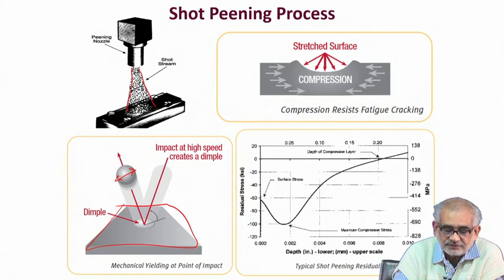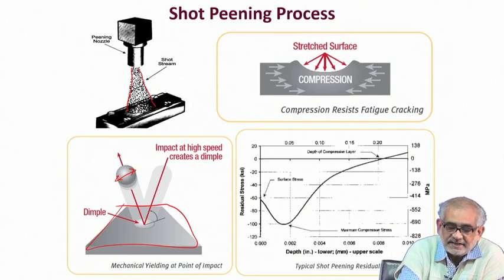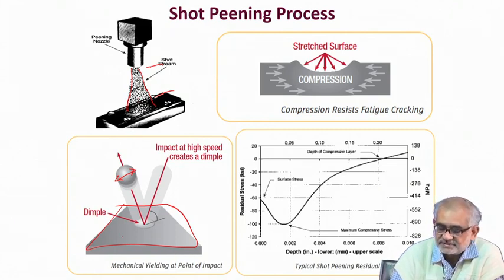So obviously, you require a gun which will be throwing these projectiles, and the projection will be a little divergent, but depending on the distance and the velocity with which they are coming, the size, weight and material of these shots, the condition of the surface, and the angle of incidence, all these parameters will determine the state of stress.